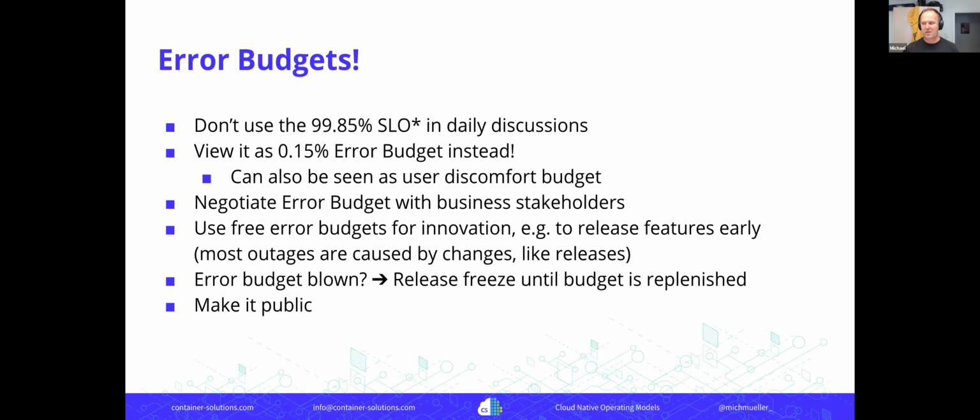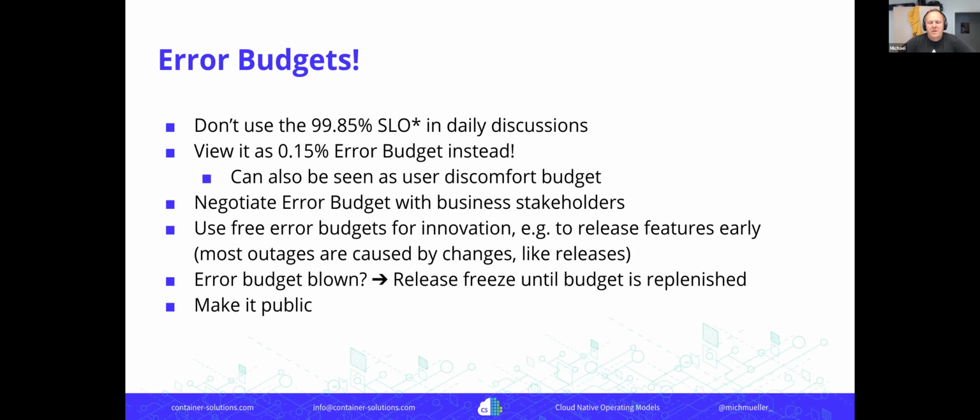You should revert it, which means I have budget. It's a 0.15% error budget. I can use that for anything because we agree 99.85 is the target. So I can mess with the 0.15%.